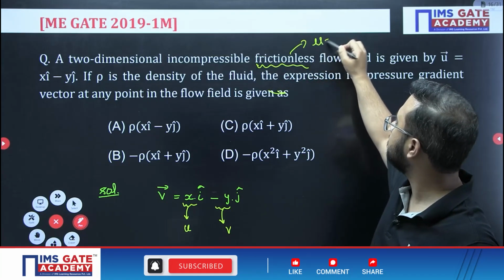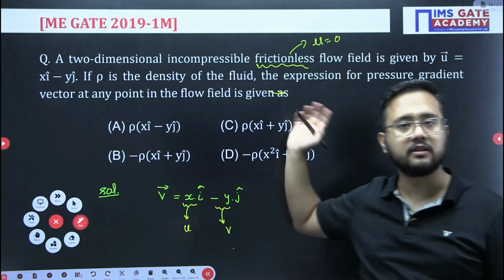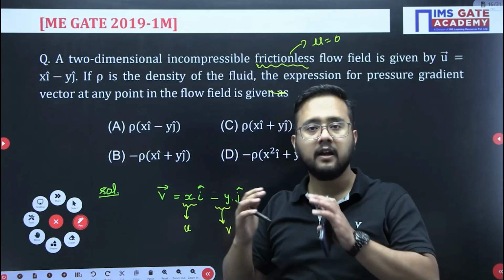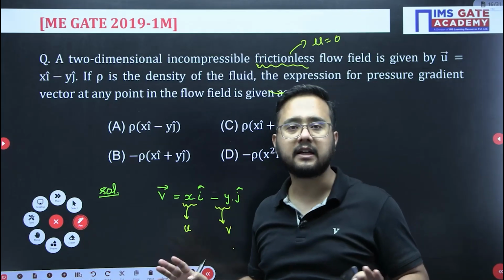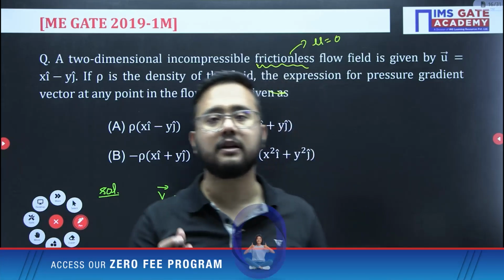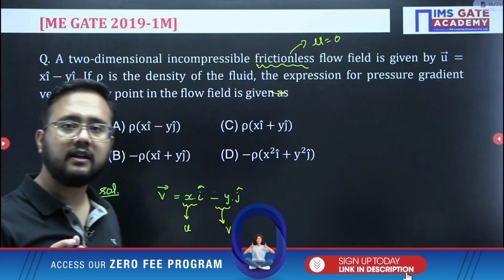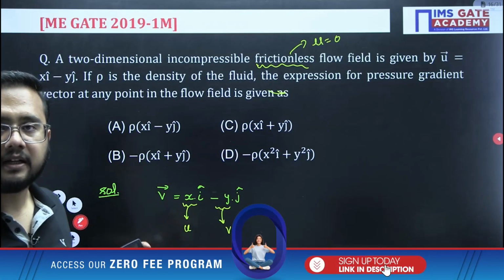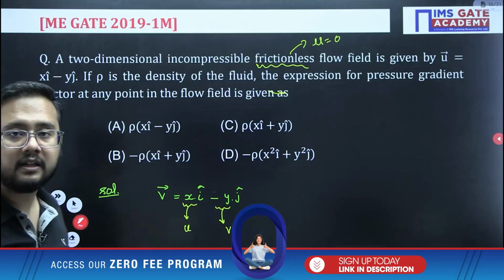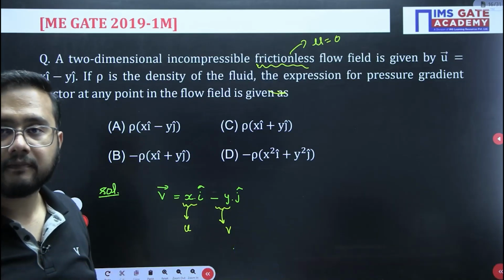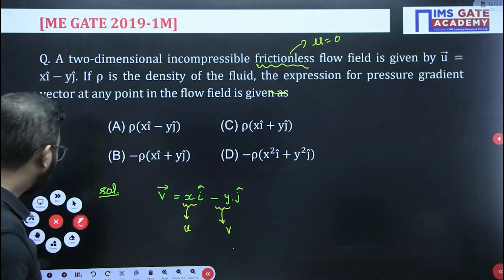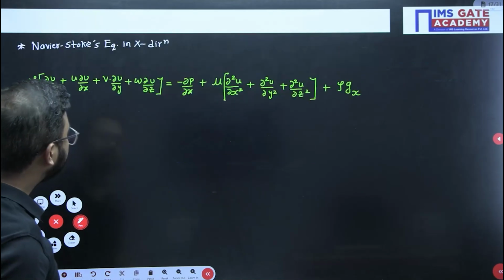Frictionless means viscosity is 0, so we don't need to consider that part. Body force also will not be considered in this case, unless they have mentioned to consider body forces. Incompressible means density is not going to change, right?